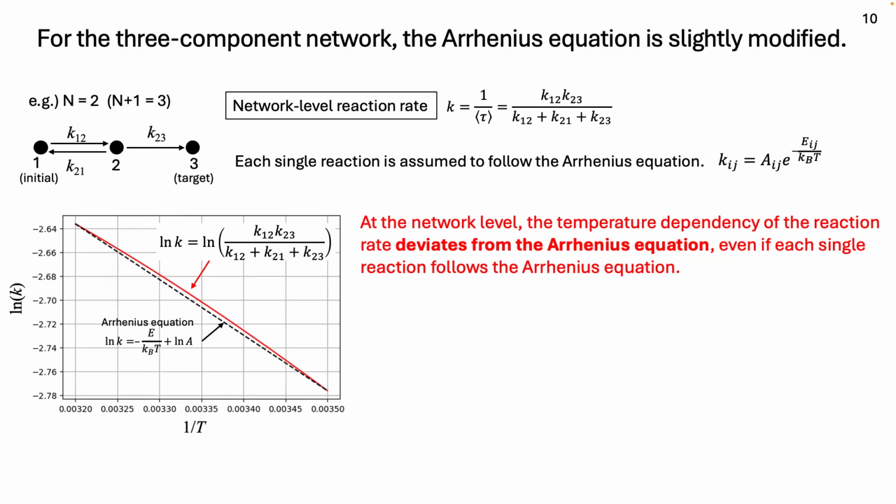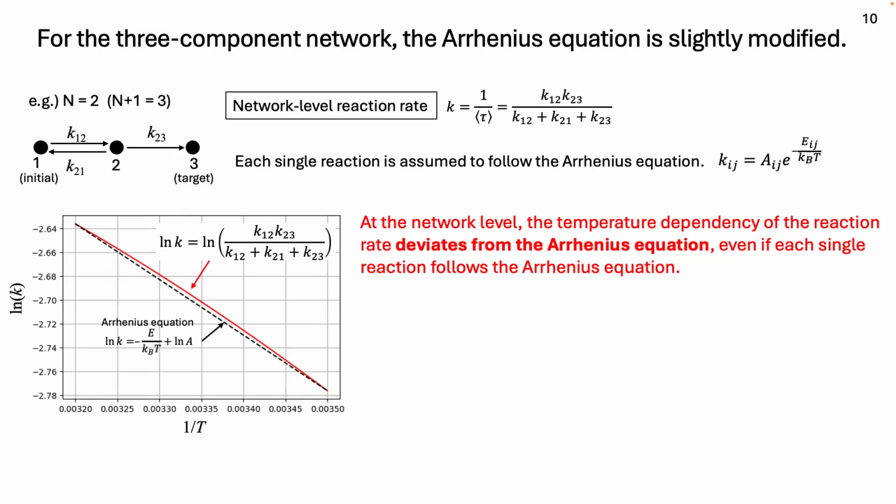So the result of this simple network is that at the network level, the temperature dependency of the reaction rate deviates from the Arrhenius equation, even if each reaction follows the Arrhenius equation. So you can analyze the simple network.